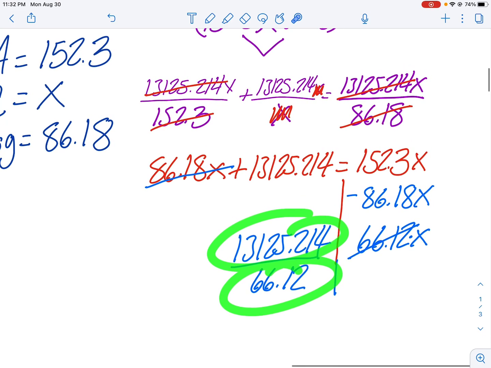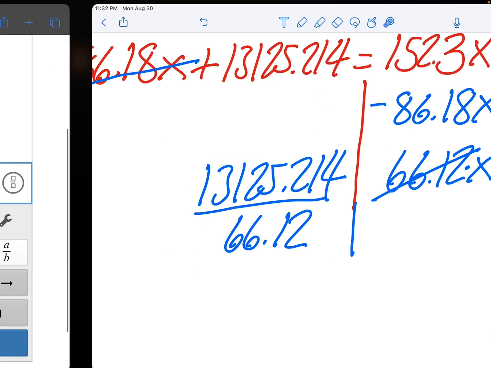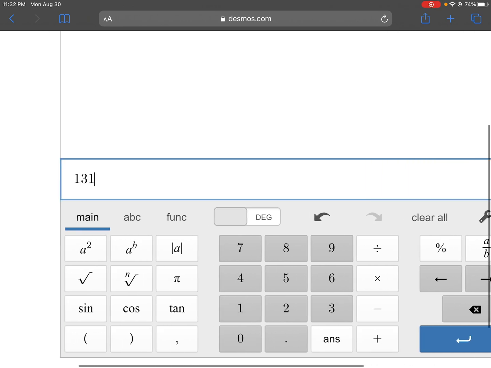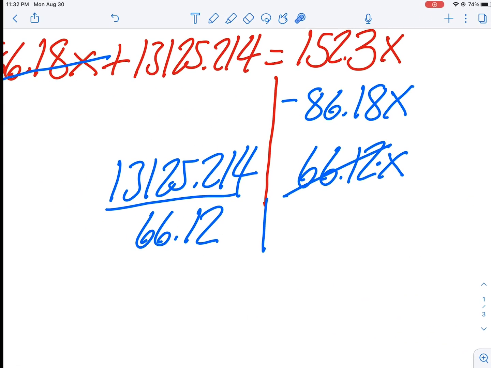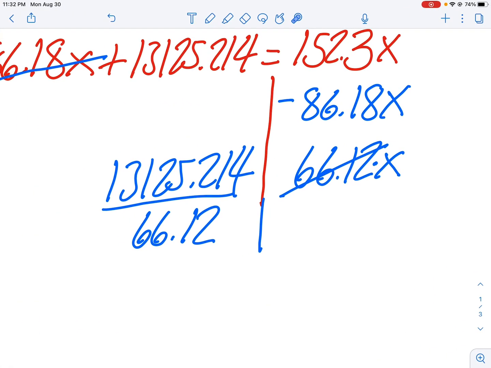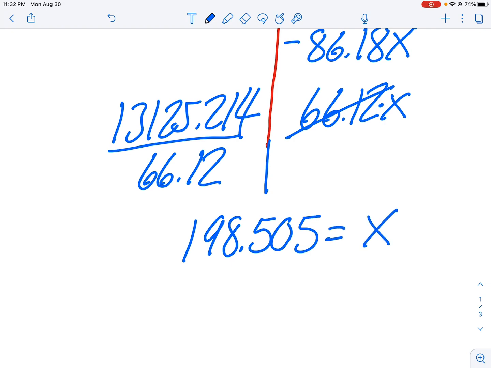Let us divide these two: 13,125.214 divided by 66.12 gives us 198.505. So 198.505 is equal to x.